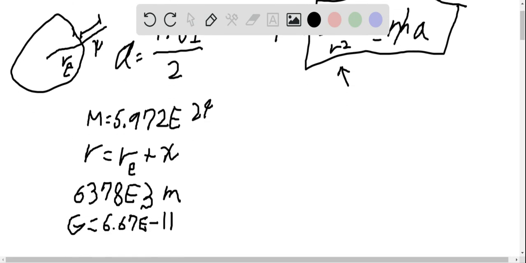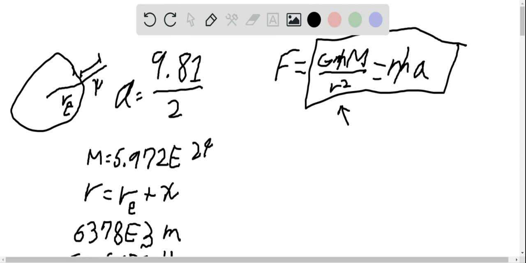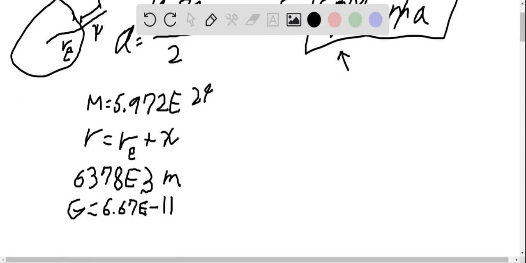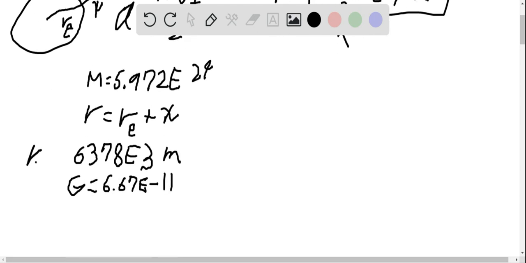Now we can rearrange this formula into a formula that we can use to solve for r, which is actually the radius of the Earth plus x.